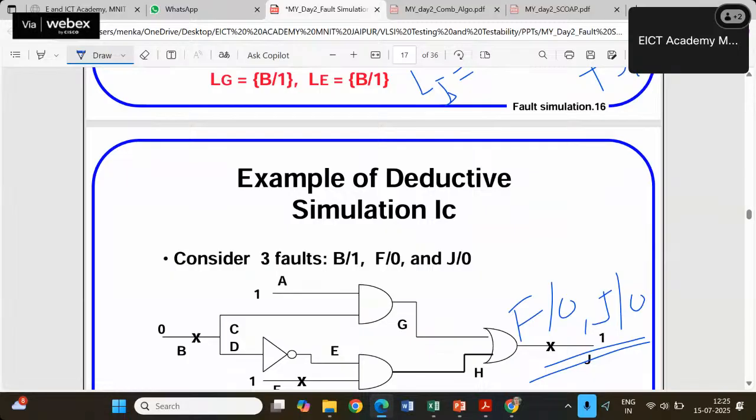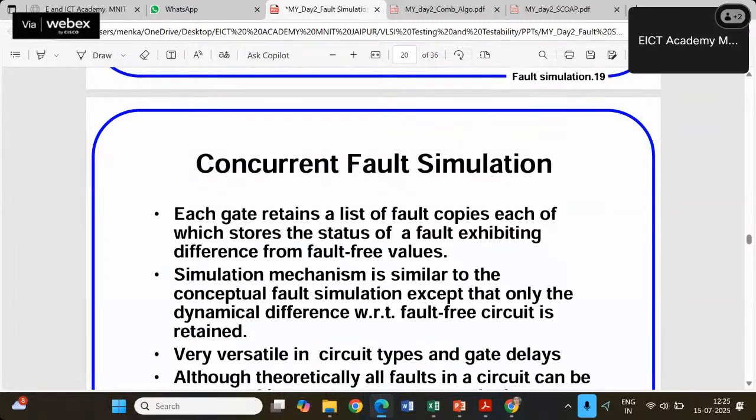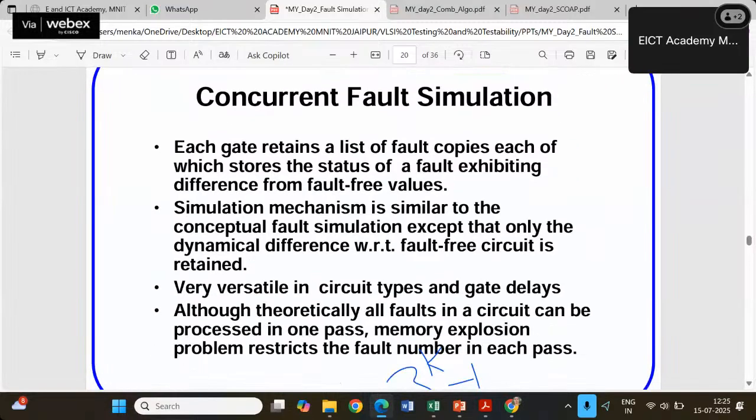So like this, there is the concurrent fault simulation technique. How is it going to work? First of all, it is going to simulate multiple faults altogether. Each gate retains a list of fault copies, each of which stores the status of the fault exhibiting the difference from the fault-free values.